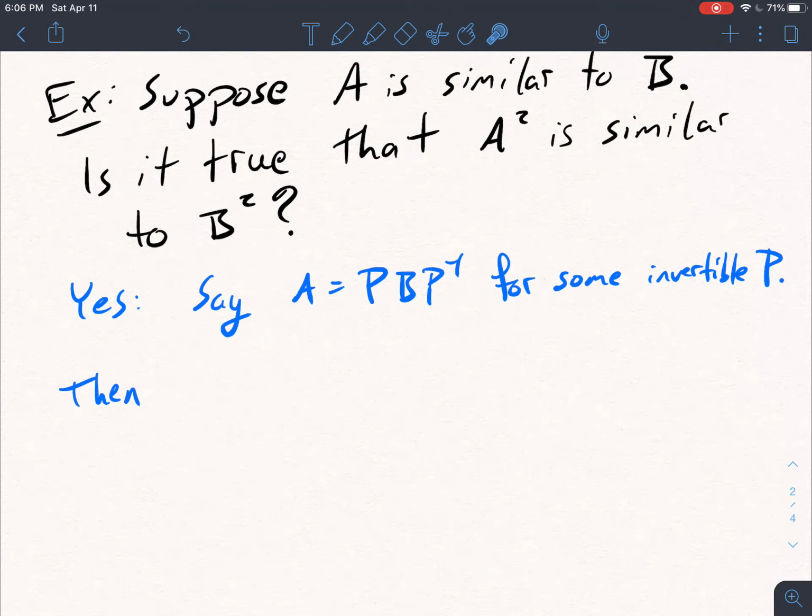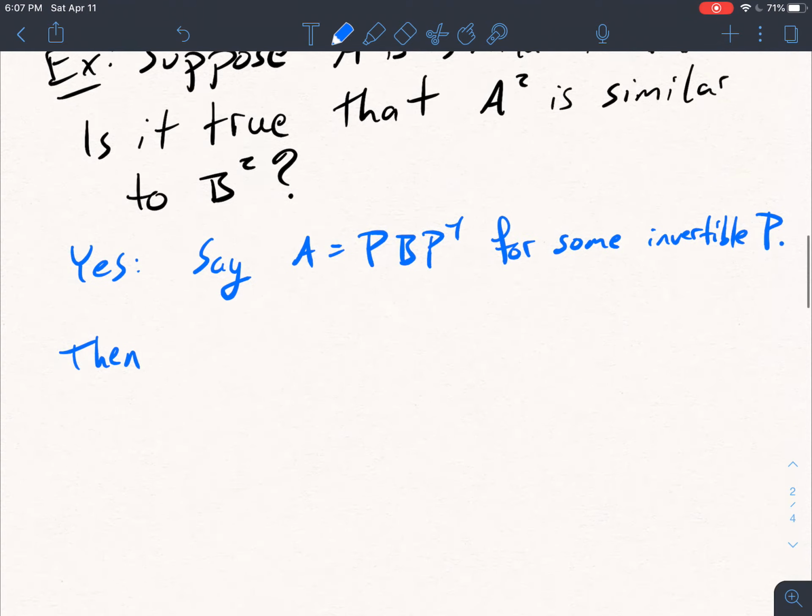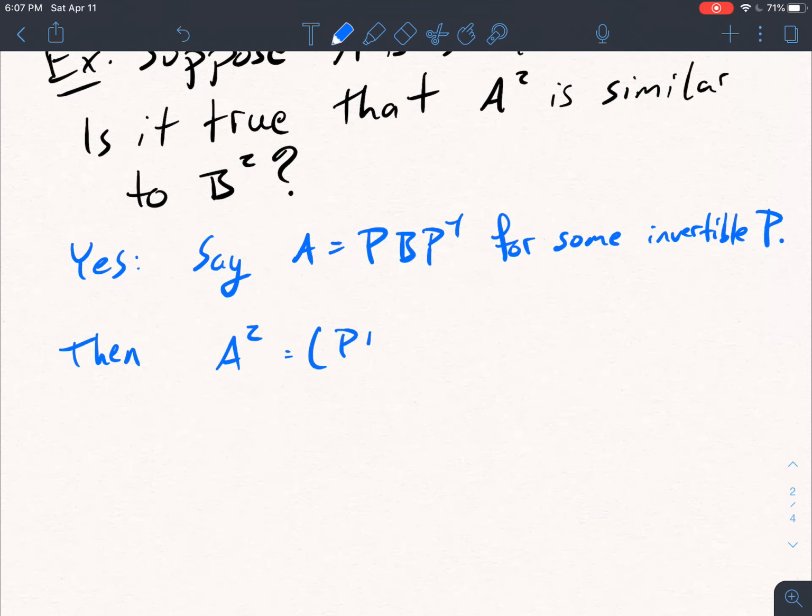I want to show that A squared is equal to Q times B squared times Q inverse for some invertible matrix Q. How might we go about doing that? Well, one thing you might think about doing is, to get A squared showing up in this equation, I could just square both sides. And so let's see if that does anything for us.